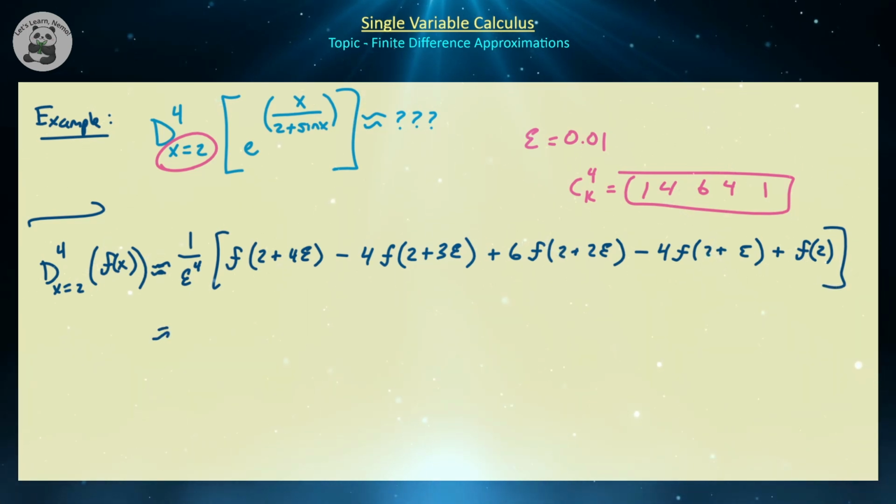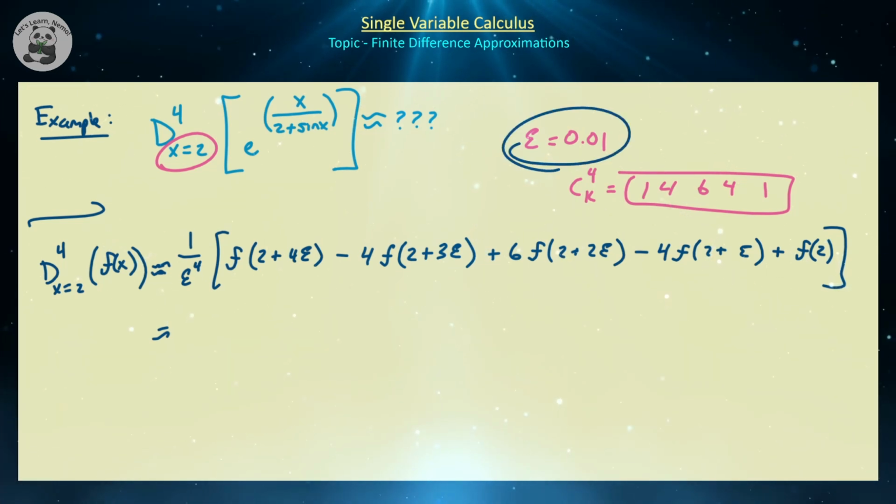So that's going to be equal to 1 divided by epsilon to the power of 4, right? Now keep in mind, epsilon to the power of 4 is going to be very small. That means 1 divided by epsilon to the power of 4 is going to be very large, right?